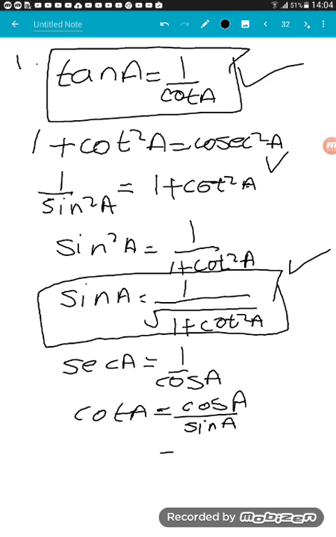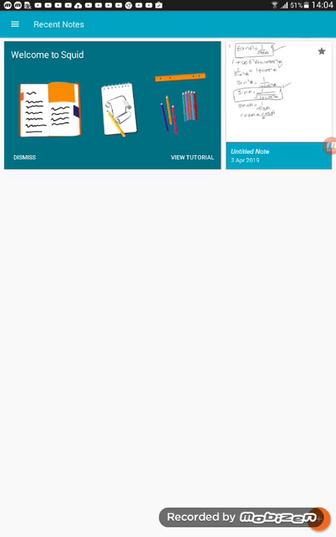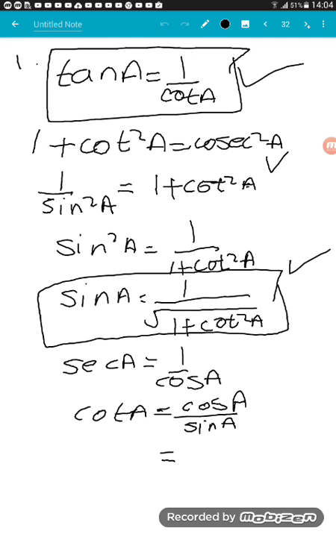And sin A we got as 1 by root 1 plus cot square A. So we'll expand this, then we understand.